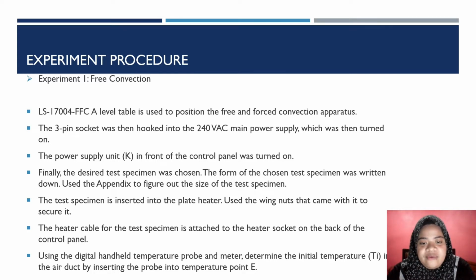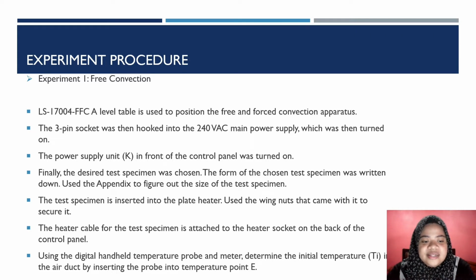The form of the chosen test specimen was written down and the appendix was used to figure out the size of the test specimen. The test specimen is inserted into the plate heater. Use the wing nut that comes with it and secure. The heater cable of the test specimen is attached to the heater socket on the back of the control panel.